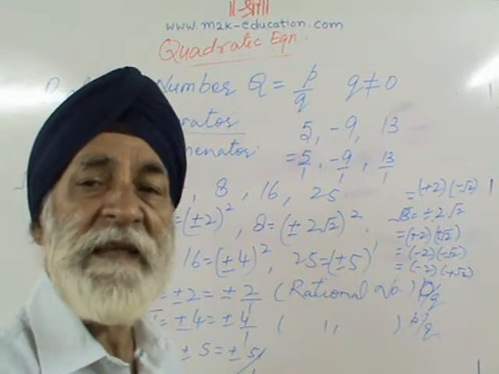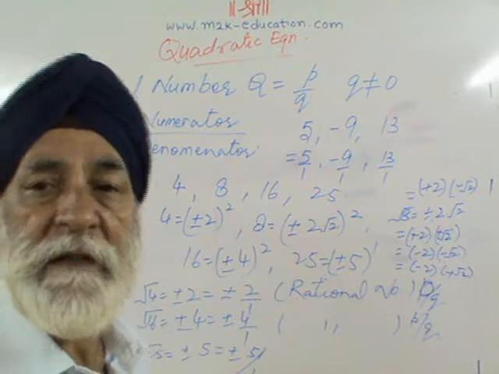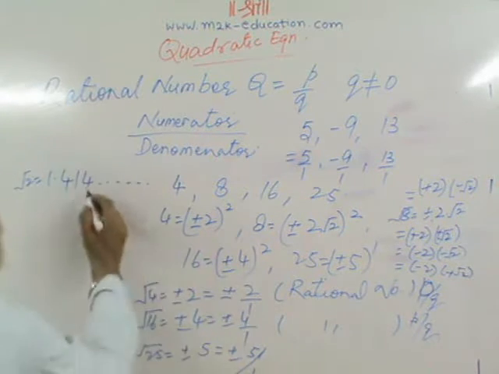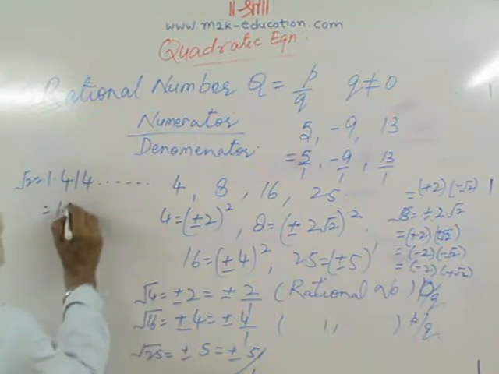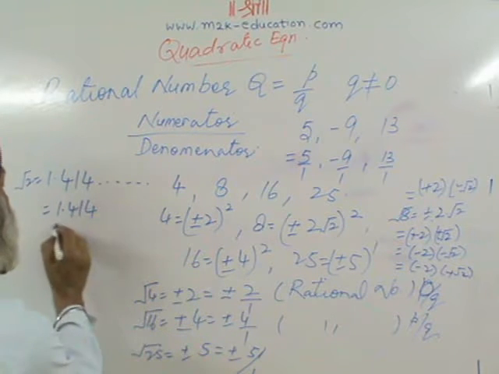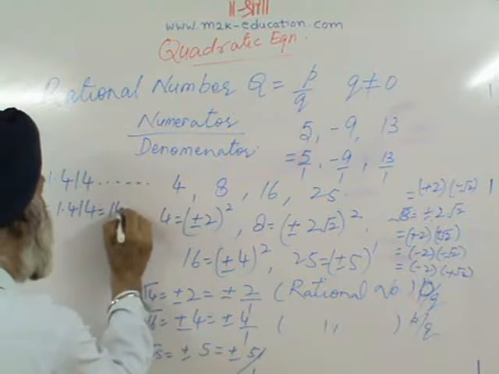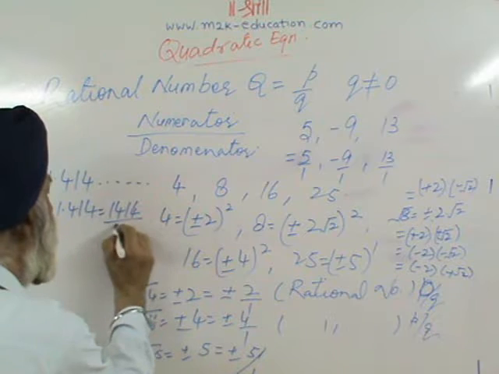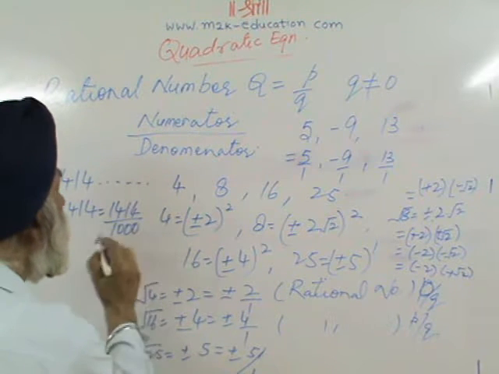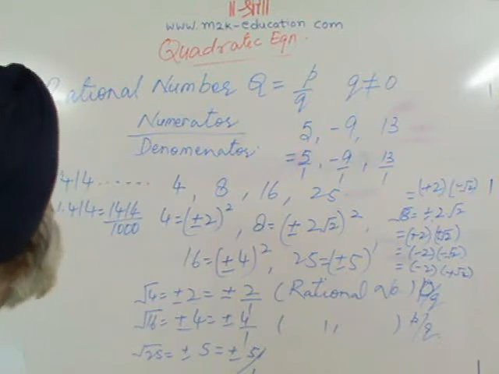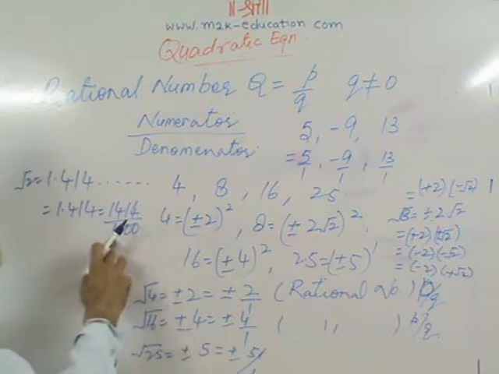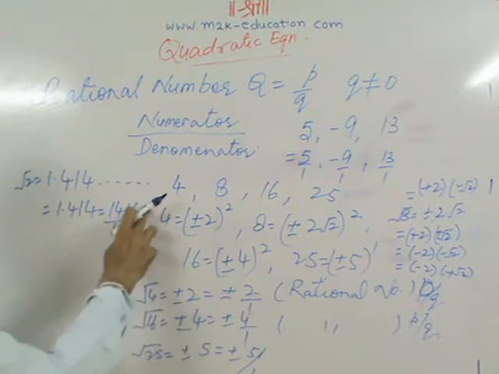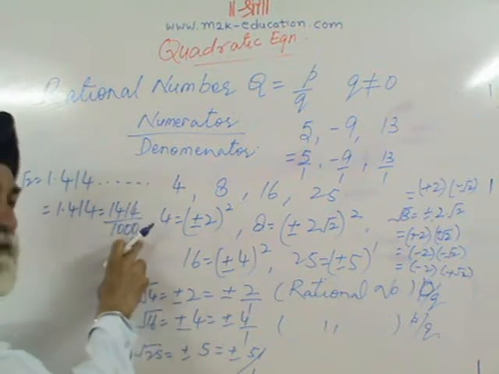So that is why they cannot be written as a ratio. No doubt, when we stop at 1.414 for root 2, we can definitely write it, removing the decimal, as 1414 upon 1000. That means it is a rational number.